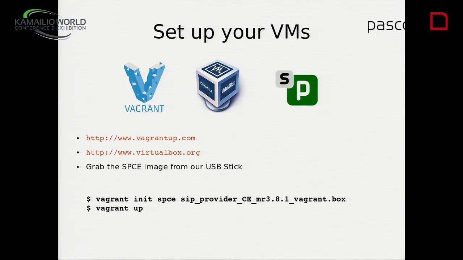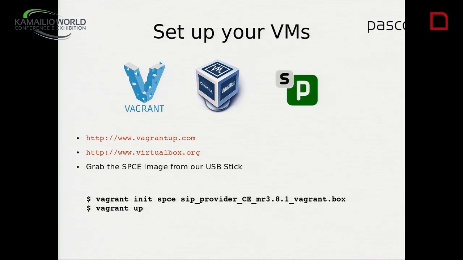In order to set up the virtual machine, we are going to download Vagrant and VirtualBox on our laptop, and then bring up the WebRTC Vagrantfile from the USB stick.